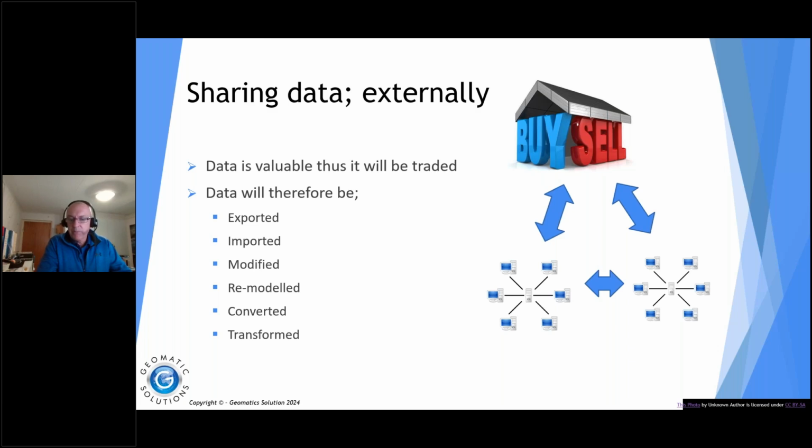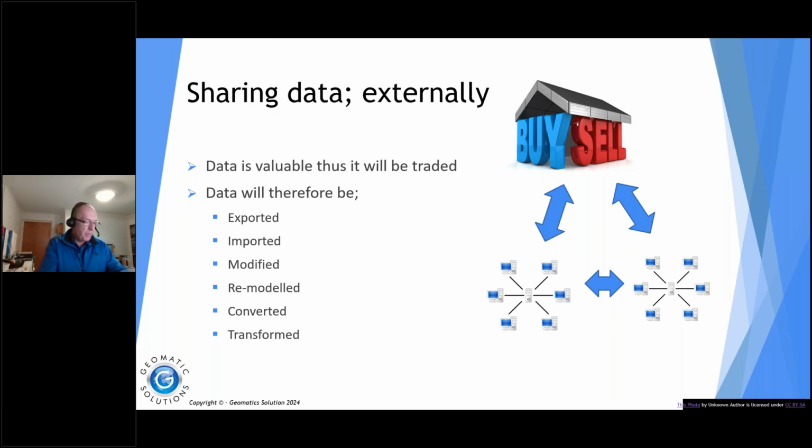Data can also be remodeled in some way. We are talking about pictures, images. They are transformed in some way. How we transform them and correct them is also dependent on the parameters that sit behind all the CRS definitions.